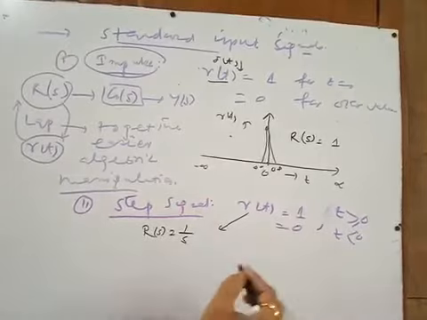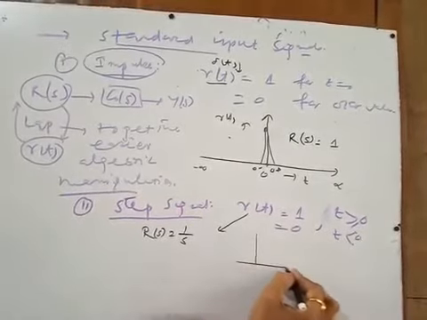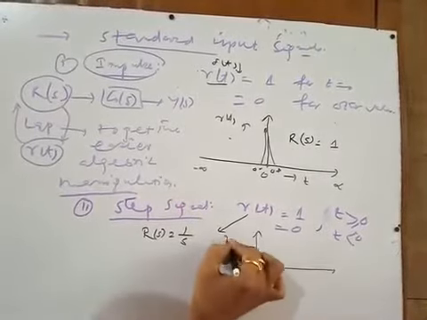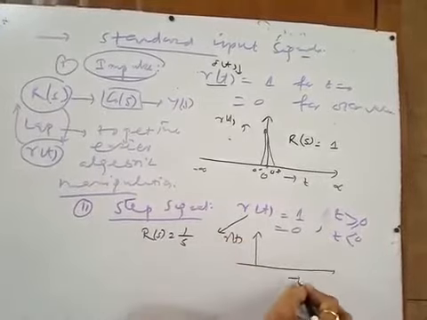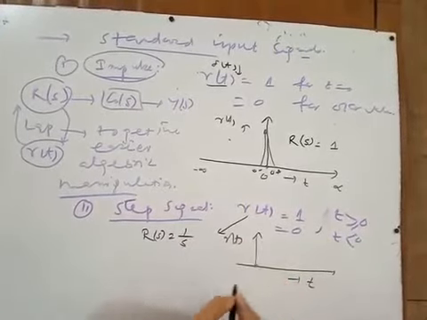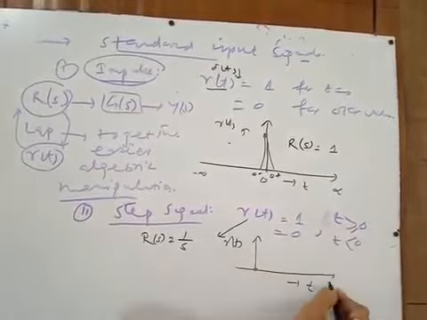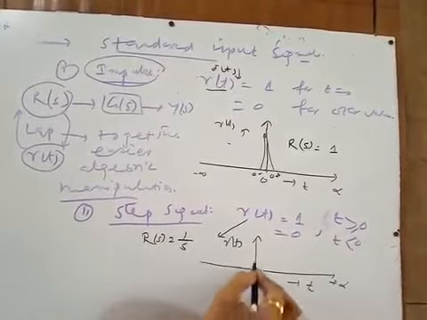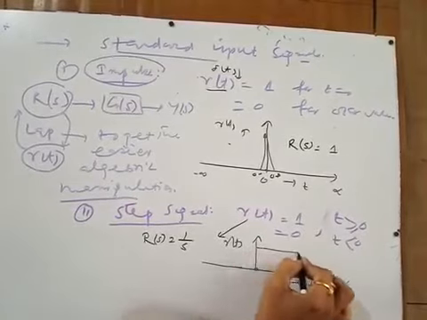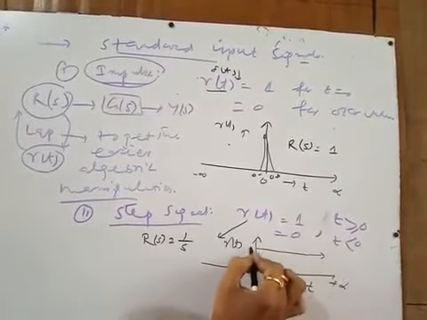And in the graphical expression for r(t), you see this is your t is equal to 0 and onwards in the positive direction. So starting from t is equal to 0 up to this line, you get the same value 1.